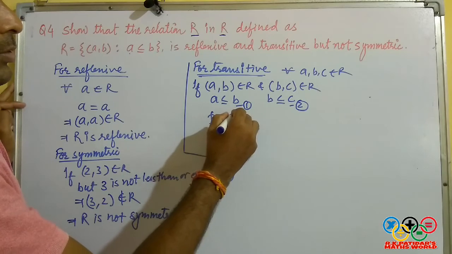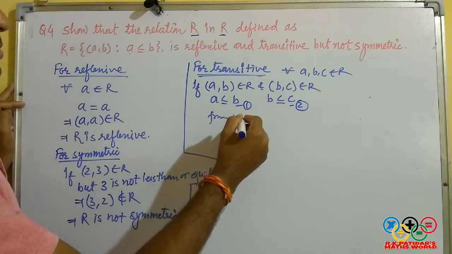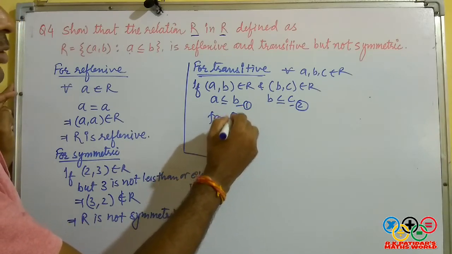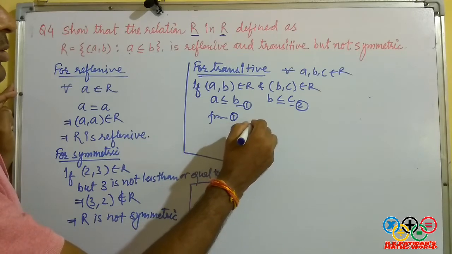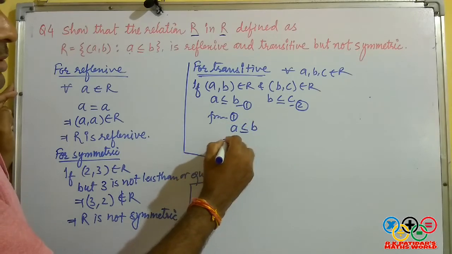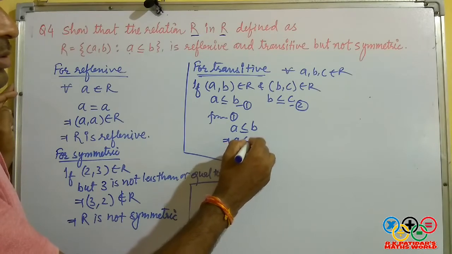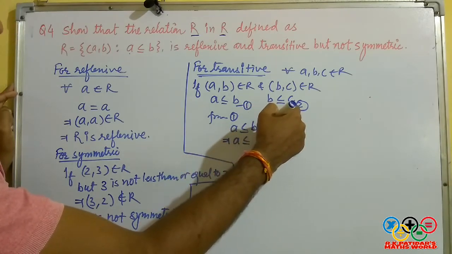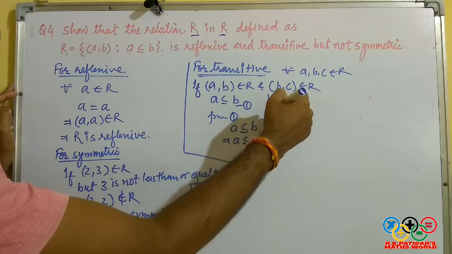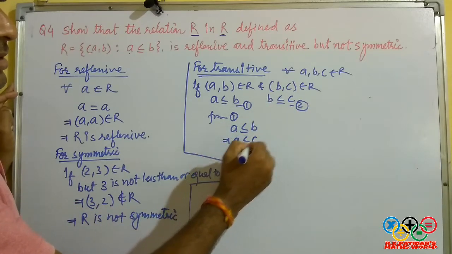So from first, what we have, A is less than or equal to B. This implies A is less than or equal to, we replace B by C. तो ये B is less than or equal to C.